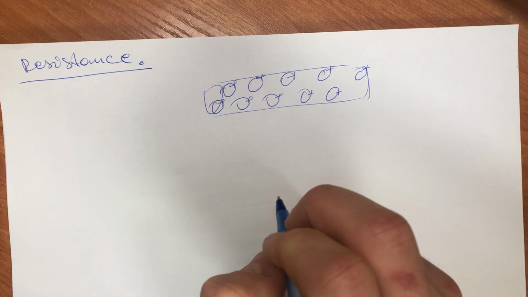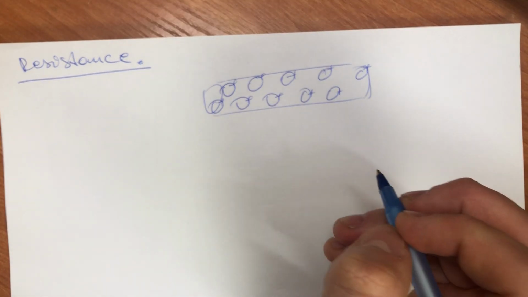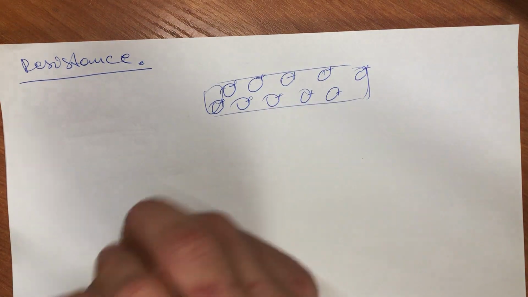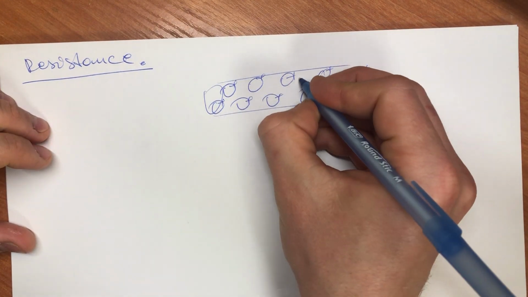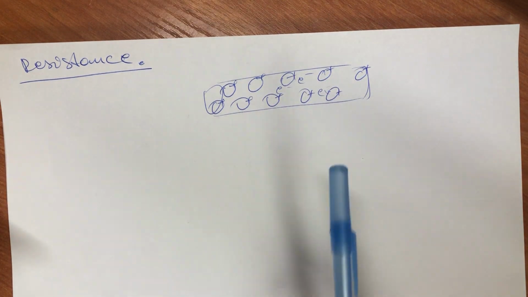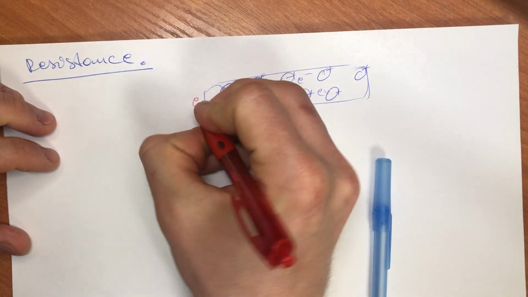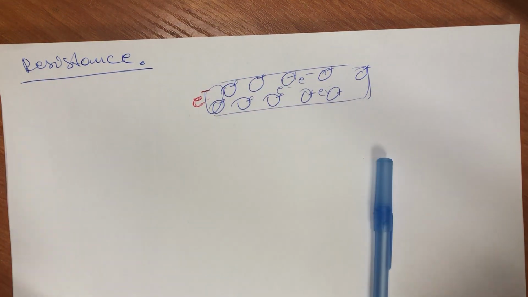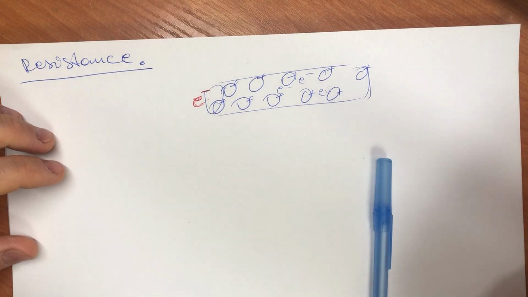It's not appropriate to call those atoms nuclei, but electrons are there, moving, homeless electrons. But now imagine one electron that is coming, that is moving, because there is an electric field in the wire.